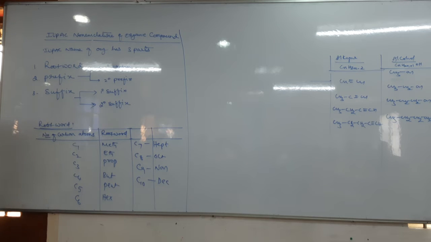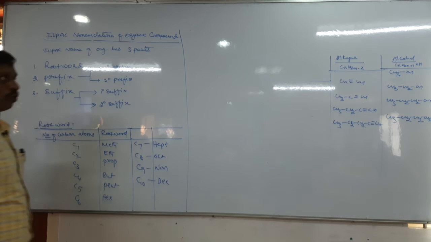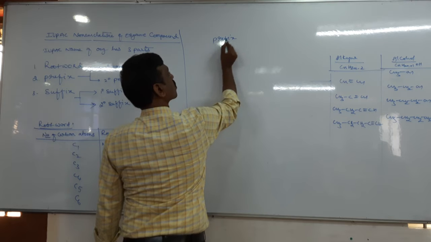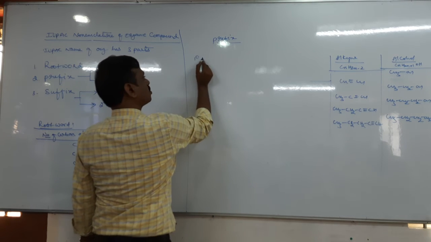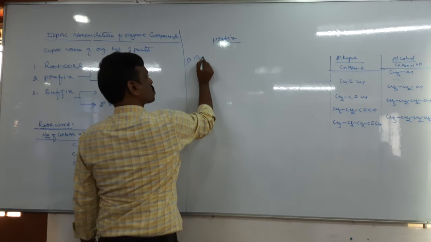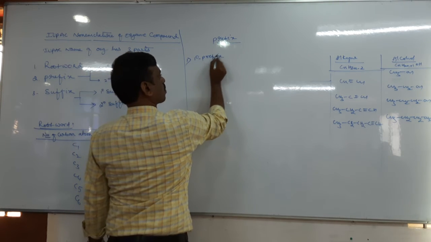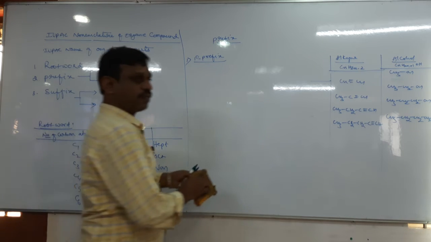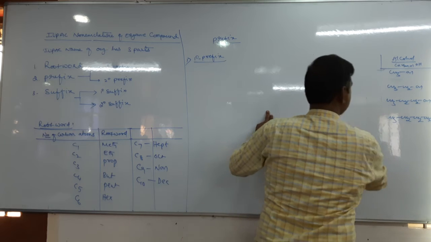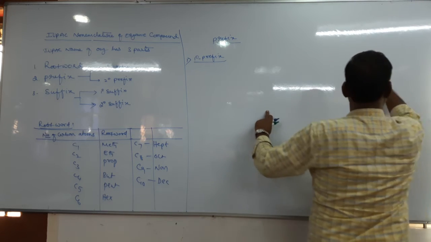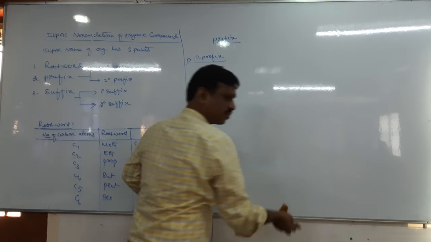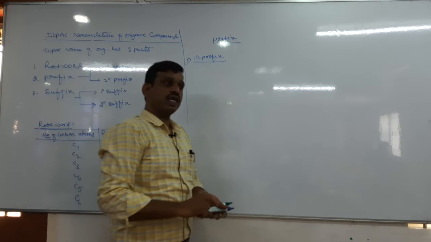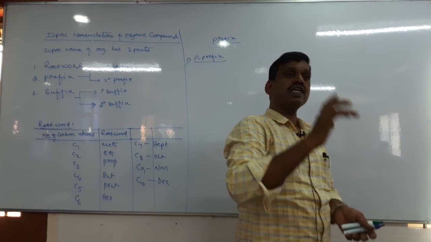Next is the prefix. The prefix has two parts again: one is the primary prefix and the second is the secondary prefix. Let's first see what the primary prefix is. The primary prefix indicates whether the molecule is cyclic or acyclic.